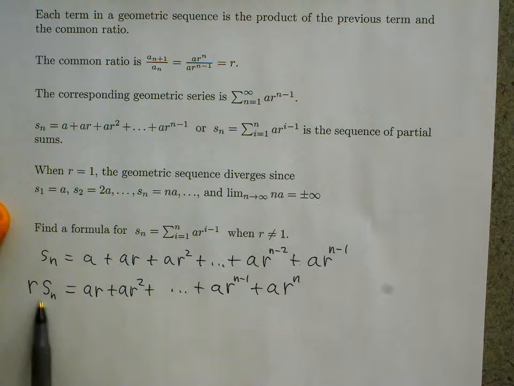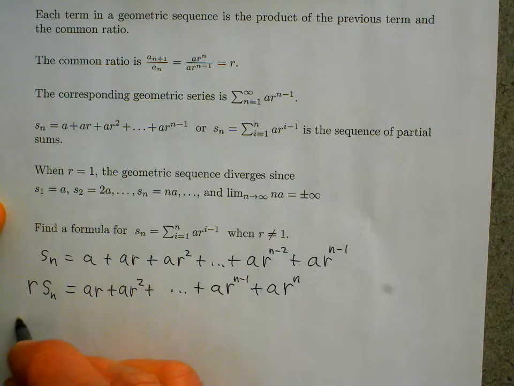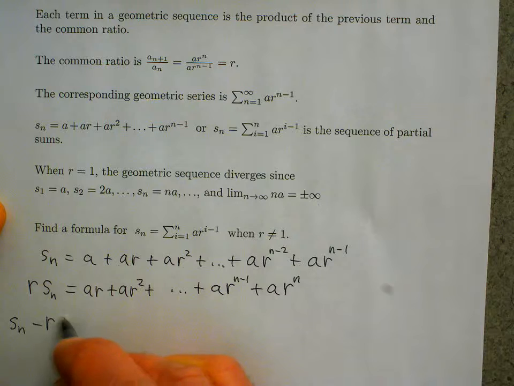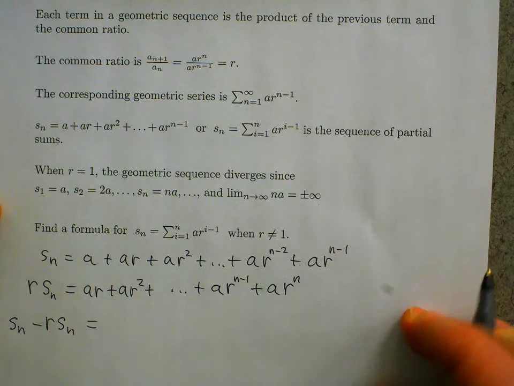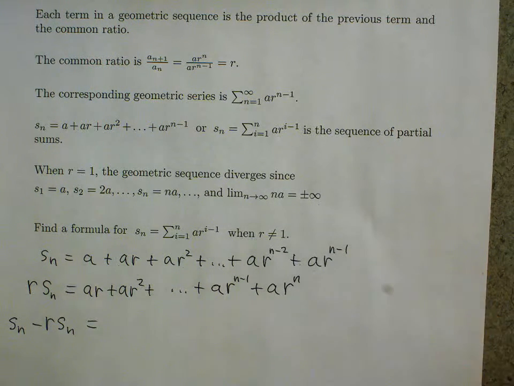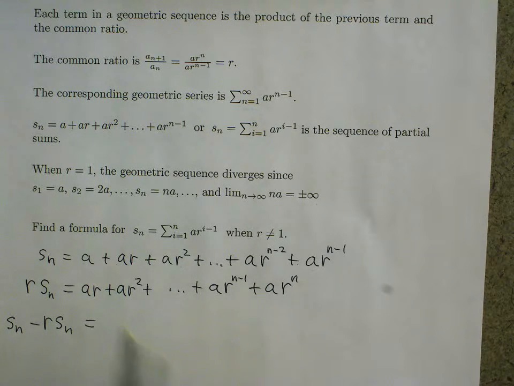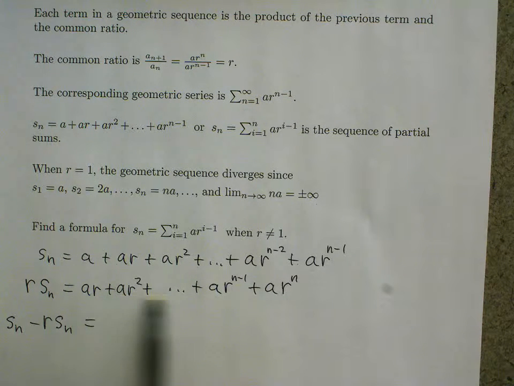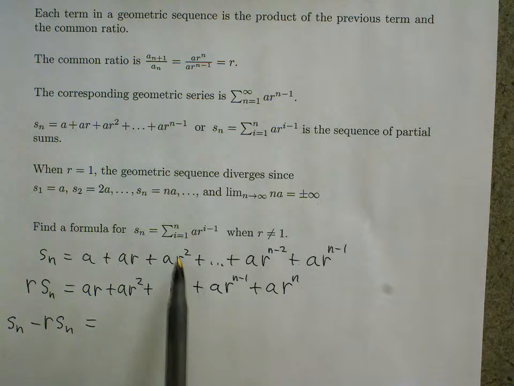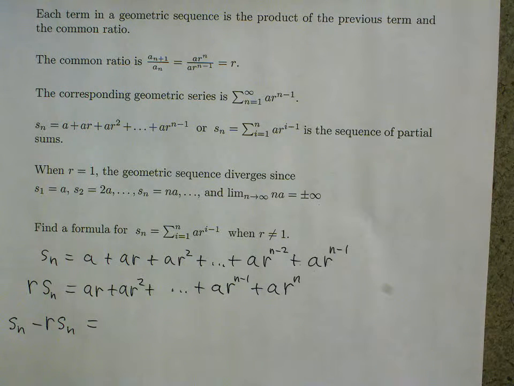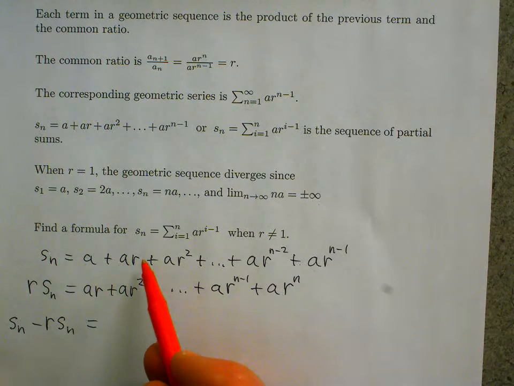Then we're going to subtract the second equation from the first equation. So on the left-hand side, we'll have S sub n minus r times S sub n. And what happens on the right-hand side when we subtract the terms below from the terms above? We get a bunch of zeros.